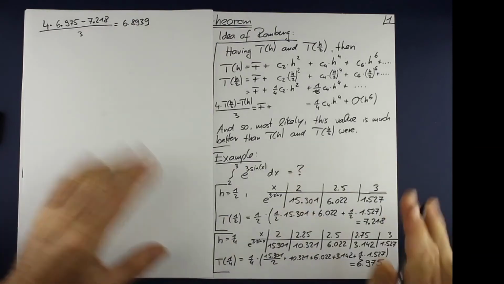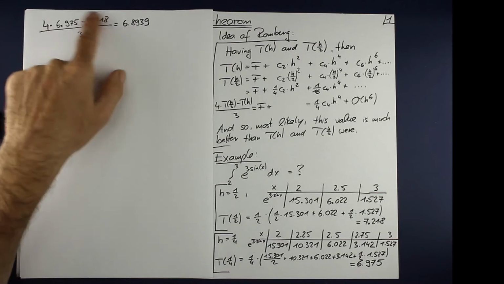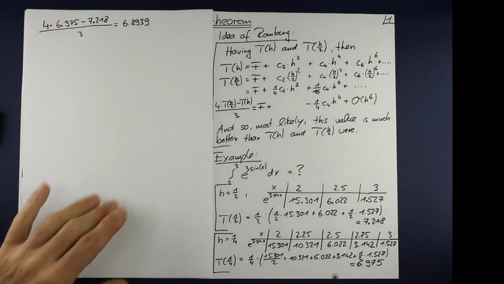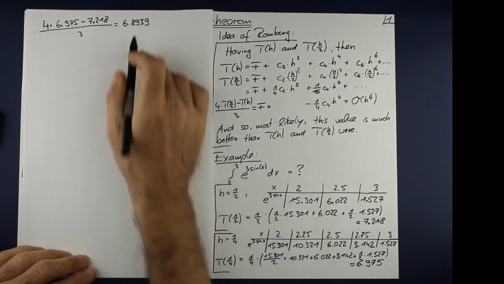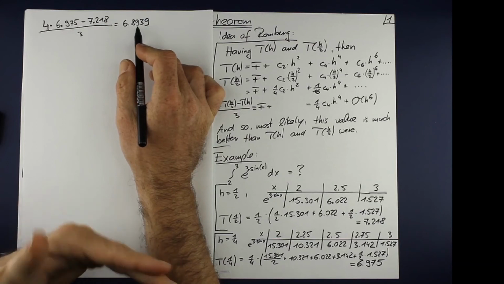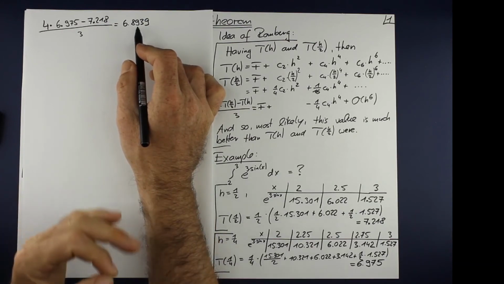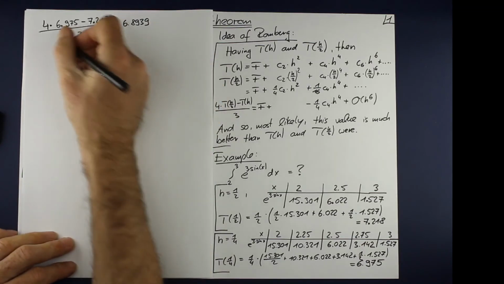6.8939. Internally I used more digits. I'm not sure if you get a 9 if you do exactly that calculation. Internally I used a lot more digits. Okay, this is our improved value, hopefully our most likely improved value. So let's check what is the correct integral value.